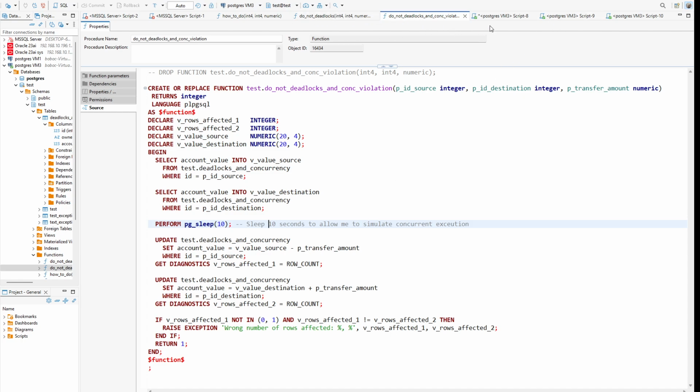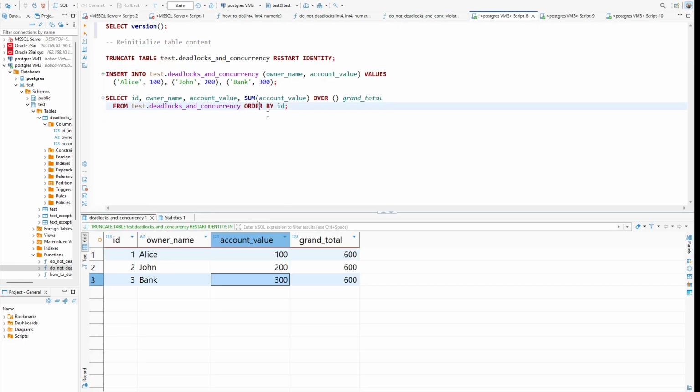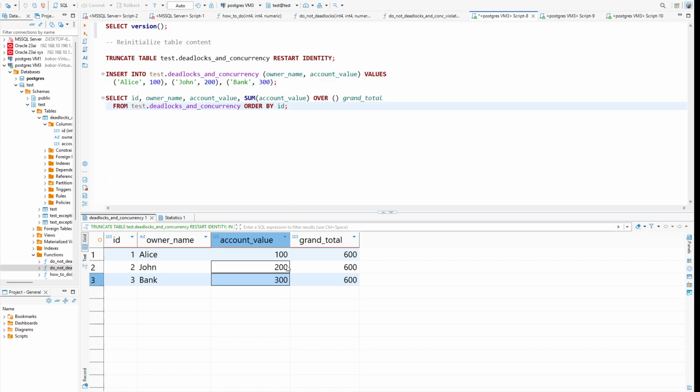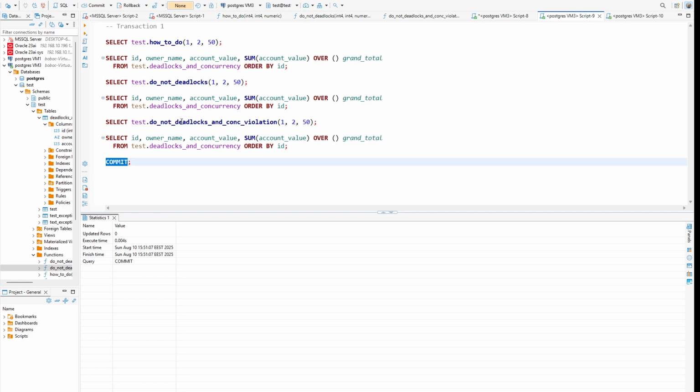Okay, let's see. Yeah, we have to reset it. We did the reset. You can see now we have 100, 200, 300, and the grand total of 600. Let's execute the last example.